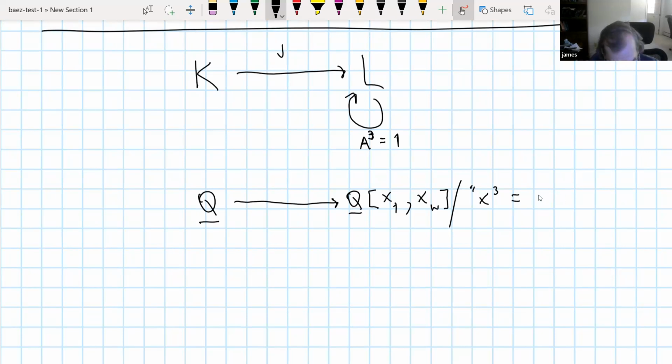But I'm going to say X cubed equals W. So I'm using W as a peculiar abbreviation for our favorite primitive third root of unity here.